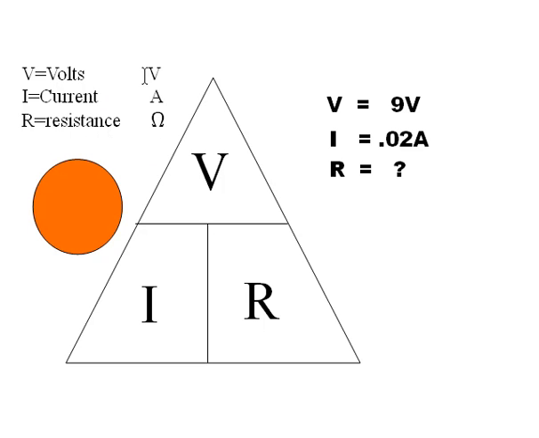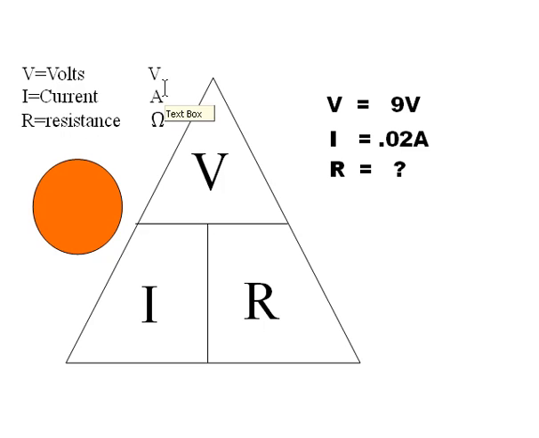Voltage is measured in volts, and the symbol for it is V. Current is I, and it is measured in amps. And resistance is R, and the symbol that you use is the omega, which we call ohms.